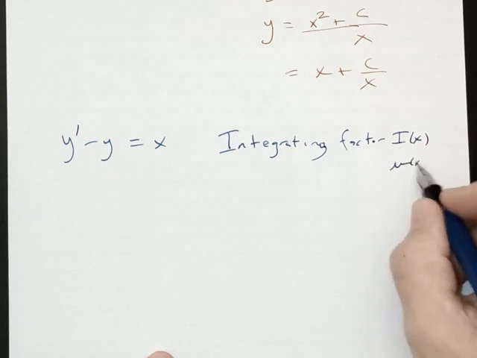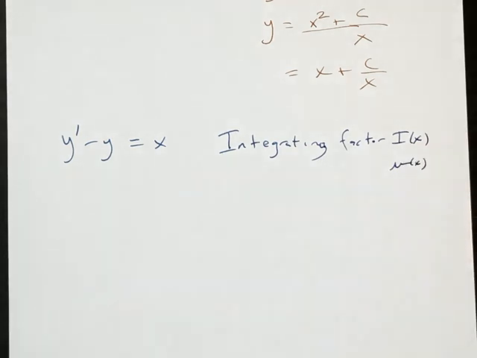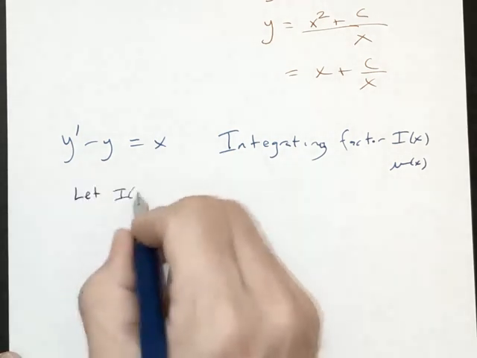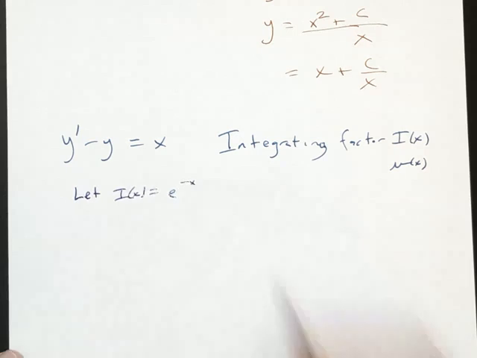Some books actually call it mu of x. I'm going to do it first, then we'll figure out where it came from. For this problem, let I of x equal e to the minus x.